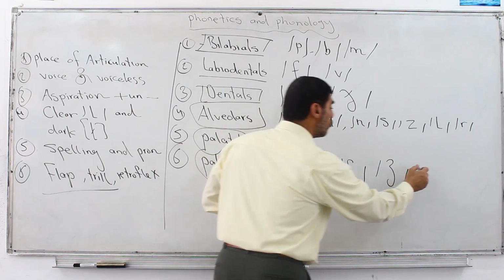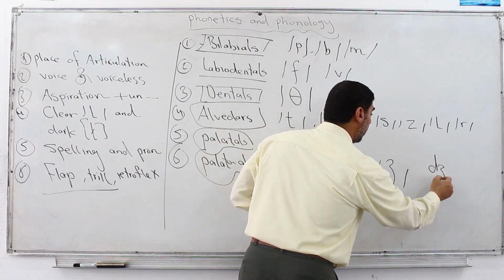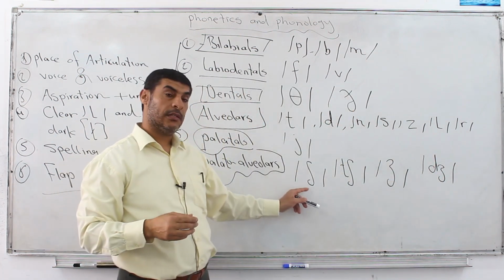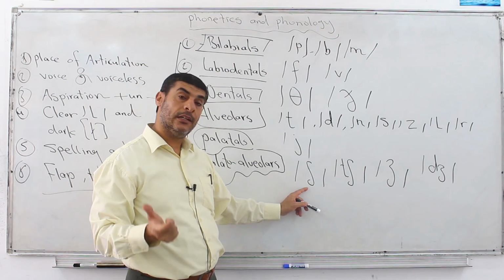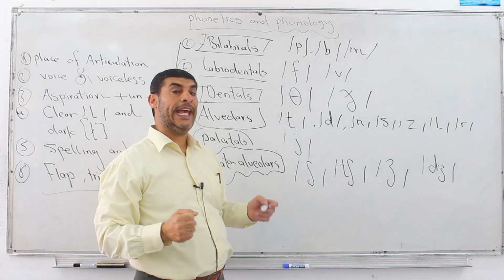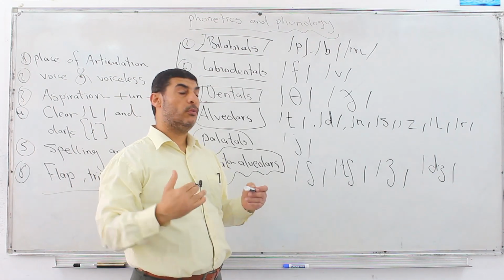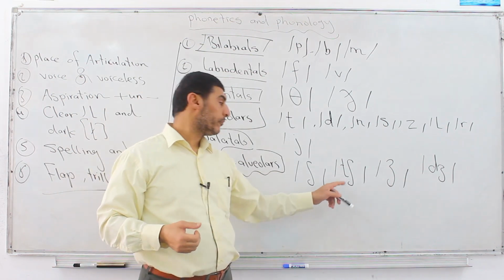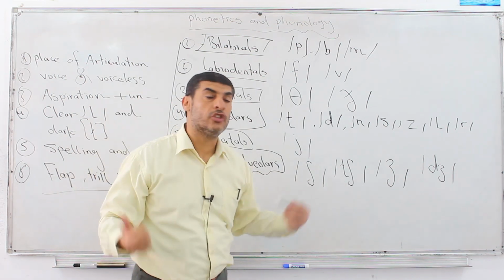When I say ch, you will feel that the front of the tongue touches the area next to the alveolar ridge, or I would say the beginning of the hard palate. Sha, ch.